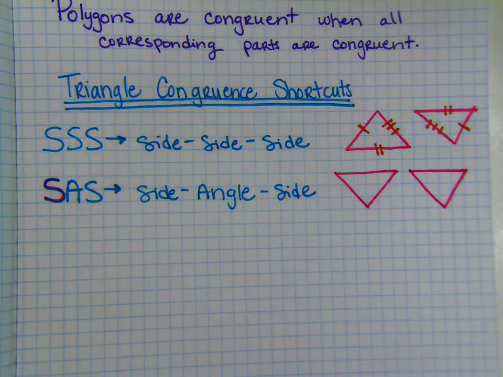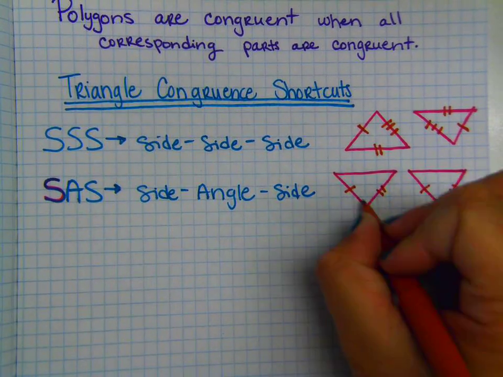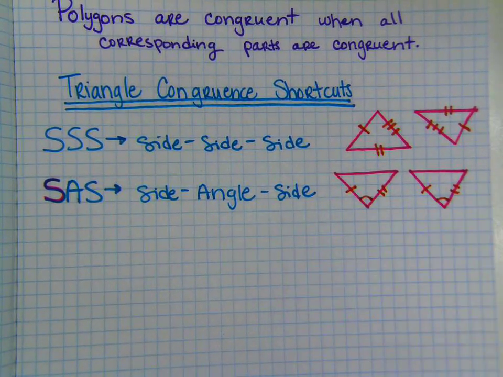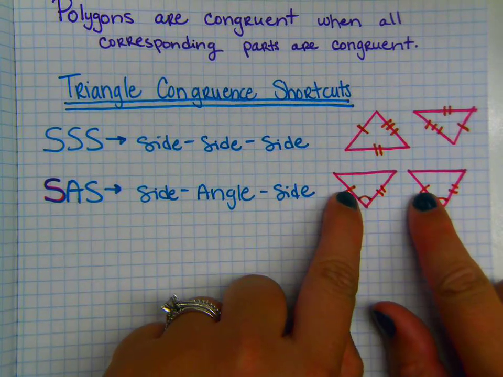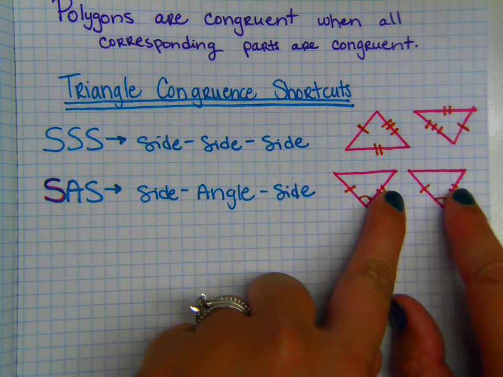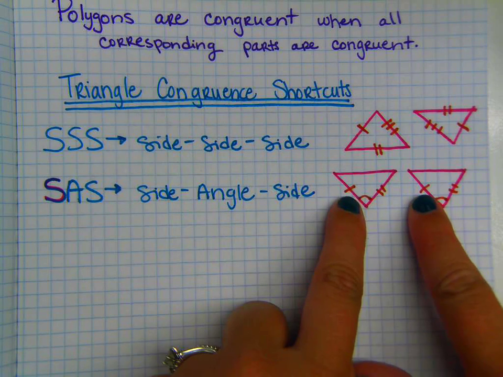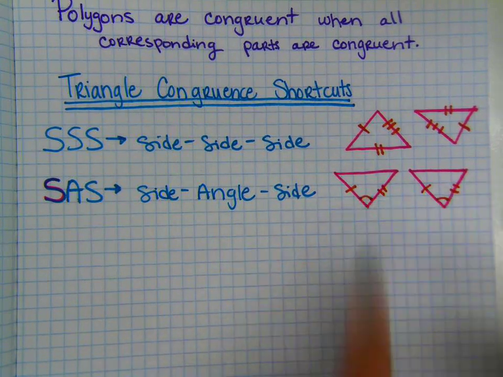We have triangles. We have side, the angle between them, and then the side. Side, angle, side. It must be in that order in order for it to be side, angle, side. It must be the side, and then the angle between them, and then the other side length.